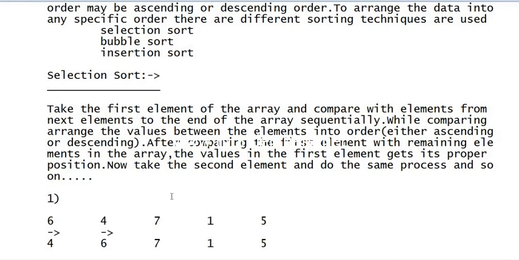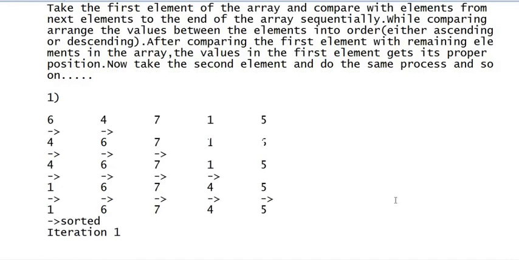After comparing the first element with the remaining elements in the array, the first element gets its proper position. This is what we call iteration 1. Now take the second element and do the same process. Repeat the same process. Here is an example.